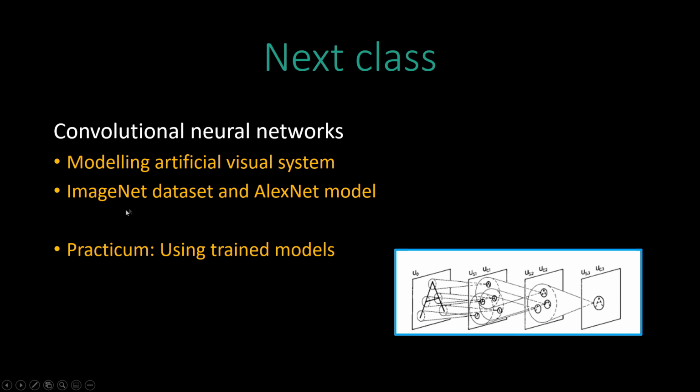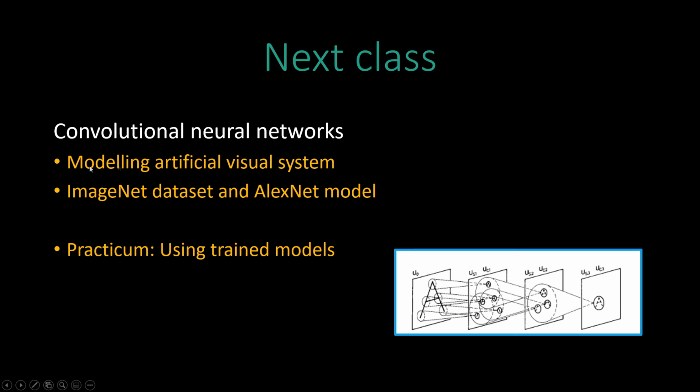We will talk about the first model that made the whole revolution happen, because it was a really famous model which worked on a competition and scored a very high score compared to previous methods. This was in 2012, and since then a lot has been added, but we will talk about these small improvements that have been made.